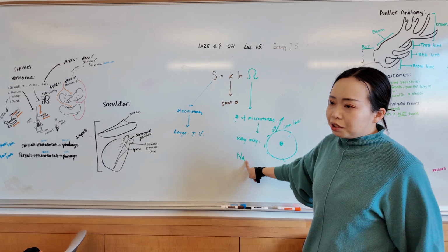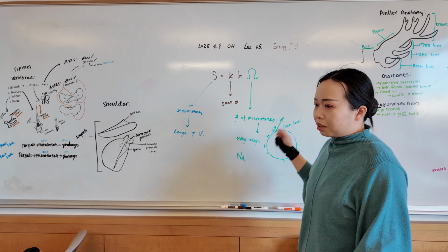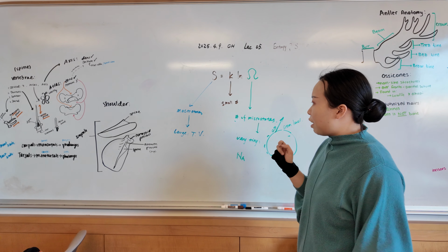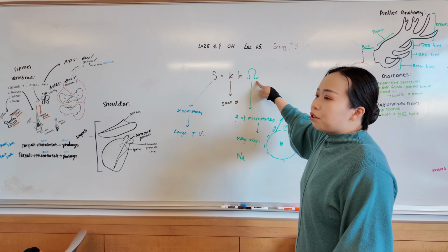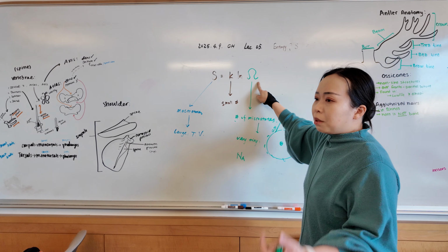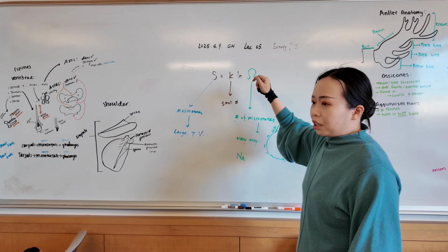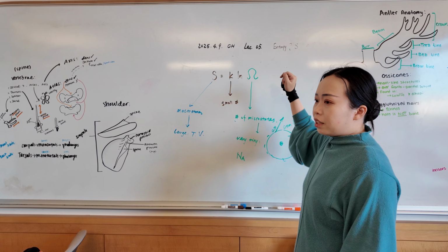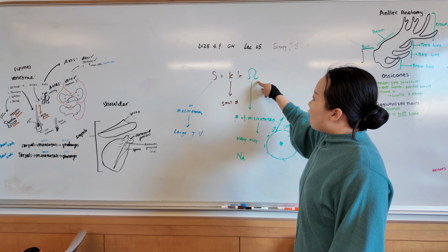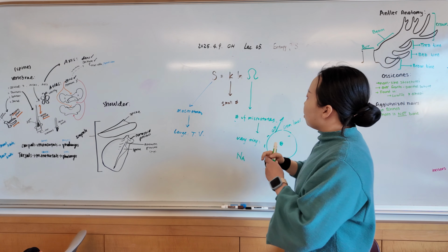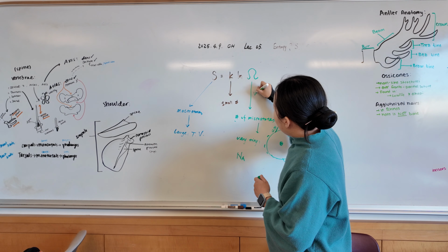You have Avogadro's number of electrons, atoms, all moving in their own direction. That causes the disorder. There are so many possibilities. They're all pointing in different directions, all moving at different speeds, right? That's why this will be a huge number, usually a large number.